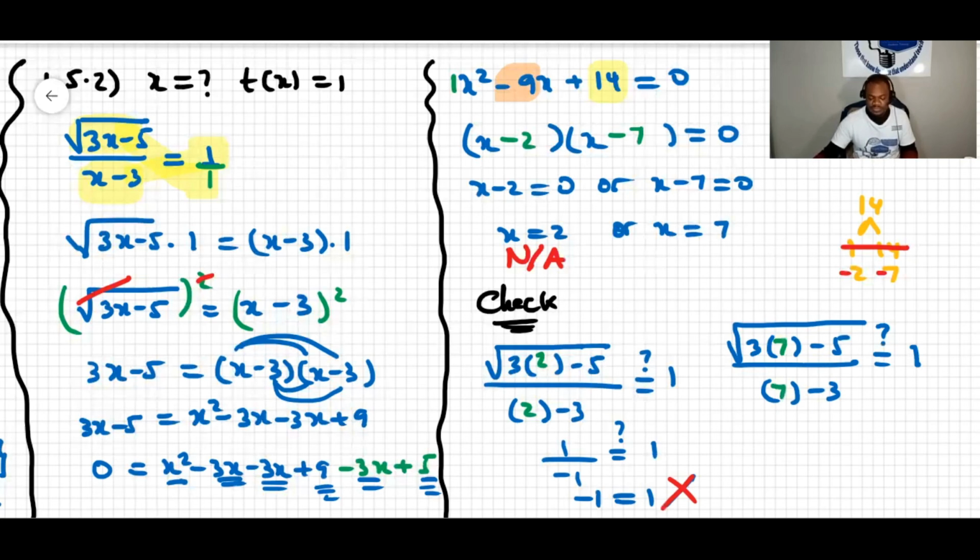So we have the square root of 16 over 7 minus 3, which is 4. And then we're checking if this is equal to 1. The square root of 16 is 4, and 4 over 4 is 1. Yes. So x equal to 7 is the valid answer that the expression generates. Thank you.